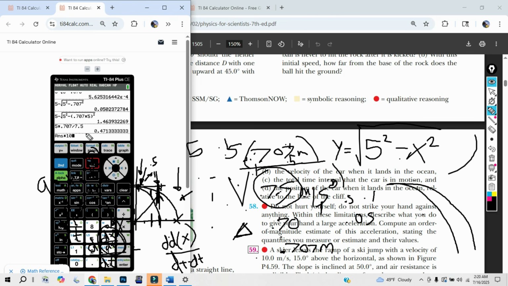We're going to multiply by 10. That's going to be our velocity. We're going to divide by 2. That's going to be our average velocity for this time. So this is our meters per second, and then we're going to multiply it by this time. And so that's our distance, 1.11.